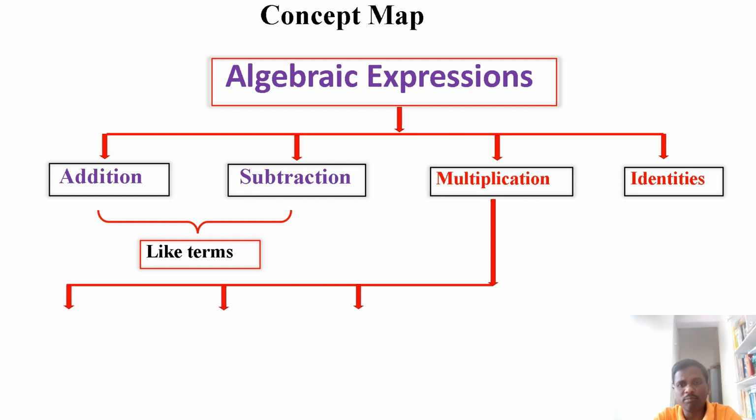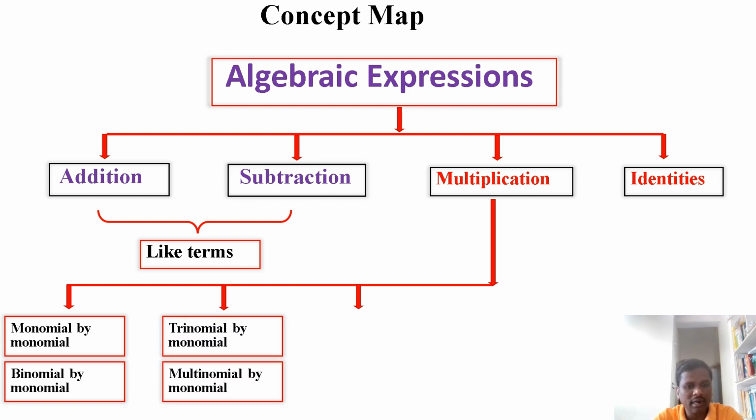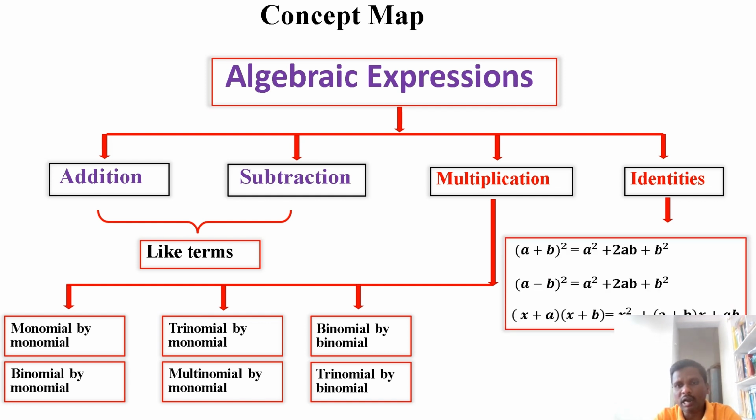And next in multiplication: binomial by monomial, trinomial by monomial, multinomial by monomial, binomial by binomial, and trinomial by binomial. Now we will learn identities in this chapter.